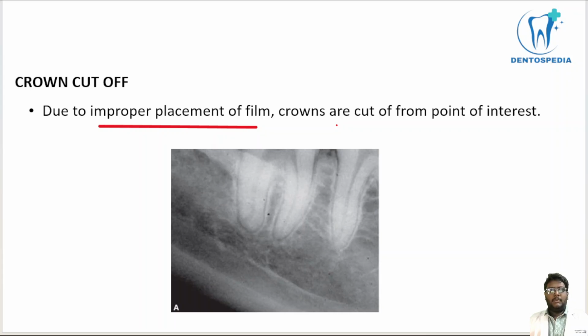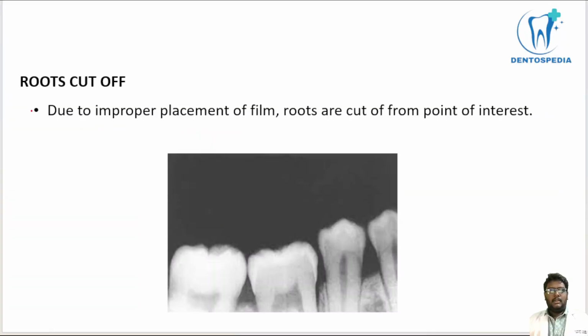If the film is not placed correctly in the area of interest, we might get this kind of crown cutoff in IOPAs. Similarly, roots cutoff: if the film is placed more coronally, the roots might not be visible in the radiograph. So that's why it's important to place the film perfectly during the exposure, okay? With these kind of radiographs, you can't assess the periapical region, right?